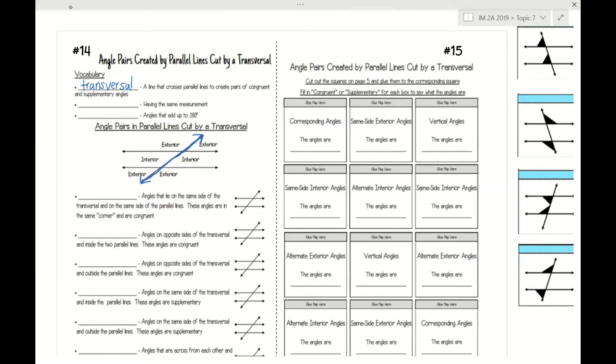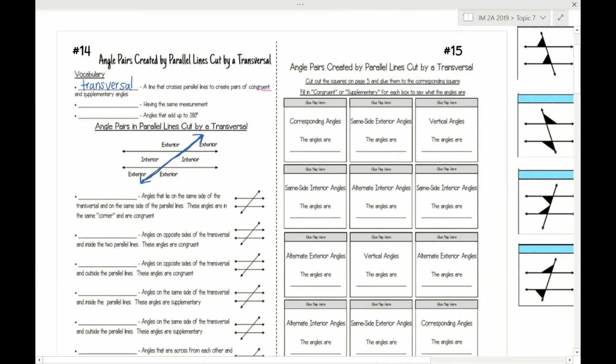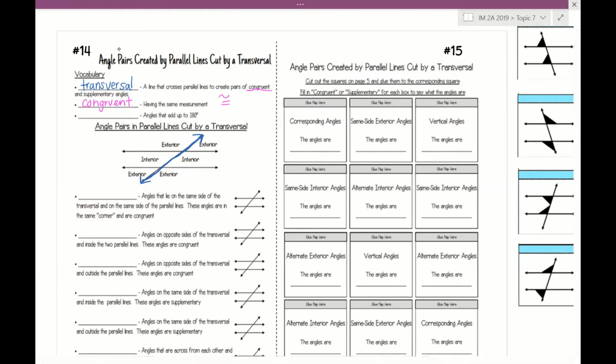Remember that it's going to create 2 different types. It's going to create congruent angles. So congruent angles have the same measure. The symbol for congruence is the equal sign with the tilde squiggly at the top. And then the other type of angle that it creates is supplementary angles.